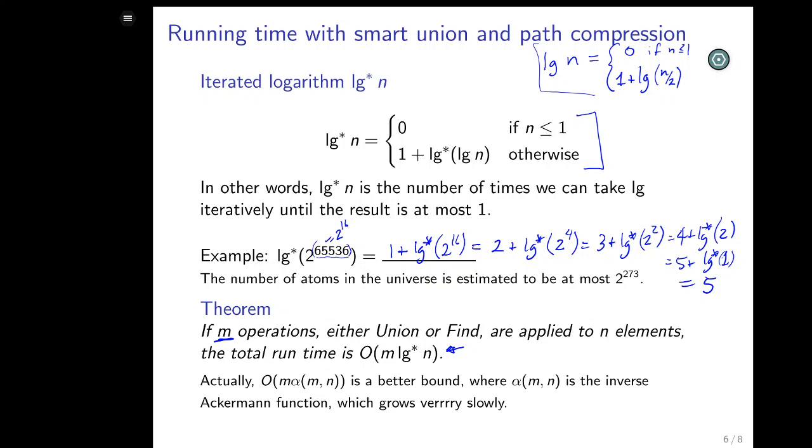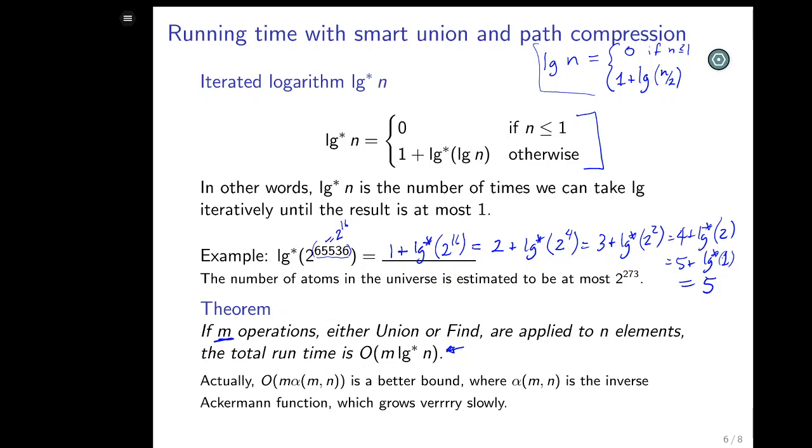Okay, so that's the running time that you get from doing path compression with the union by height. You get essentially M operations, each one takes pretty much constant time, about 5. So it is an increasing function. Log star n is an increasing function.